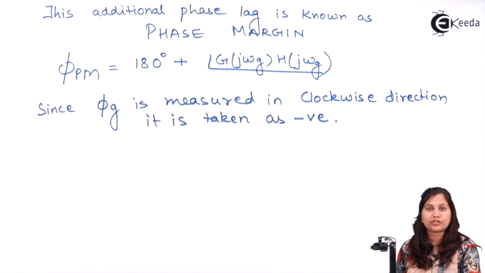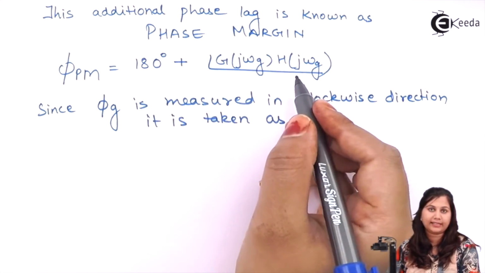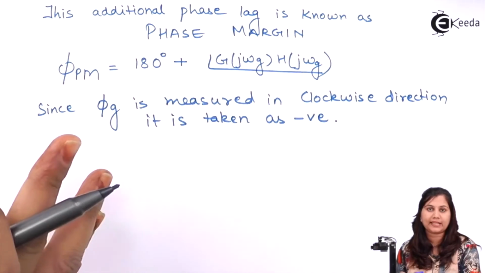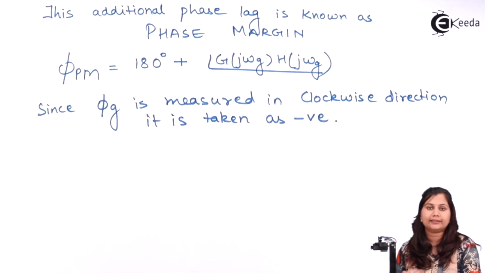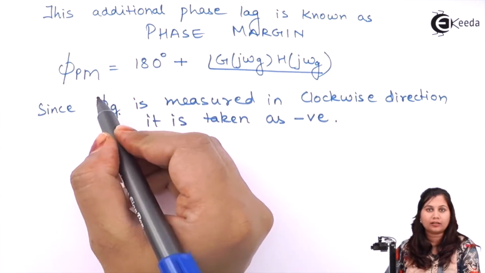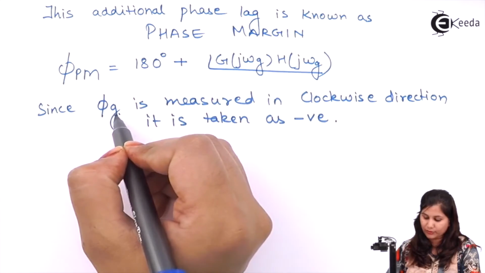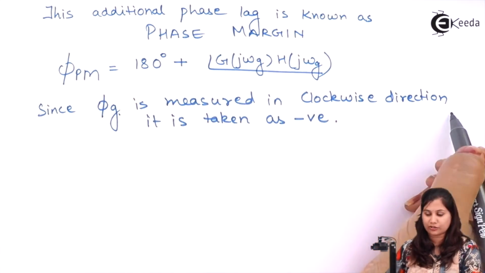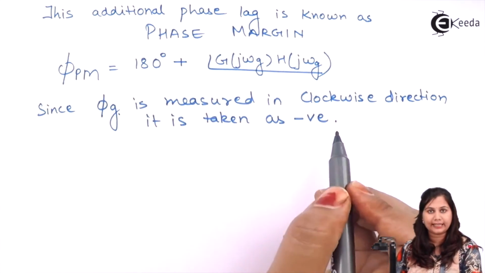Whenever we measure phase angles in polar plots, a positive phase angle is measured in the anti-clockwise direction, and a negative phase angle is measured in the clockwise direction. Here we are measuring the phase angle at the gain crossover frequency in the clockwise direction, so we have to take it as negative.